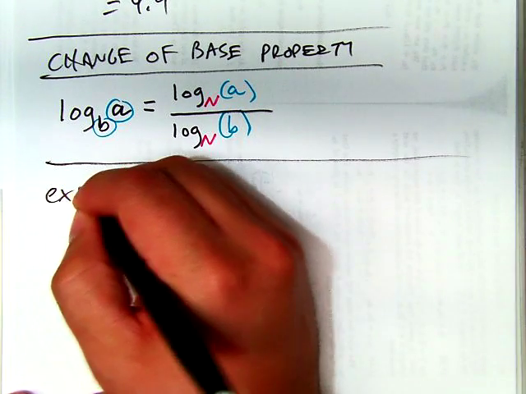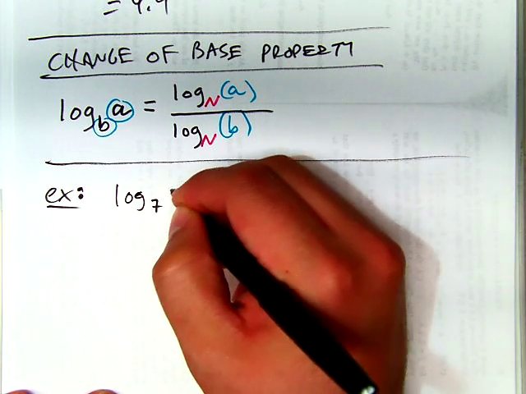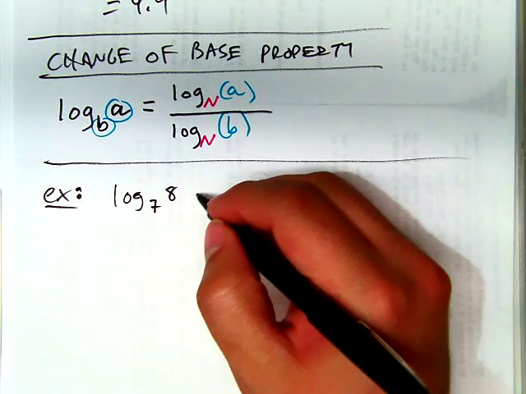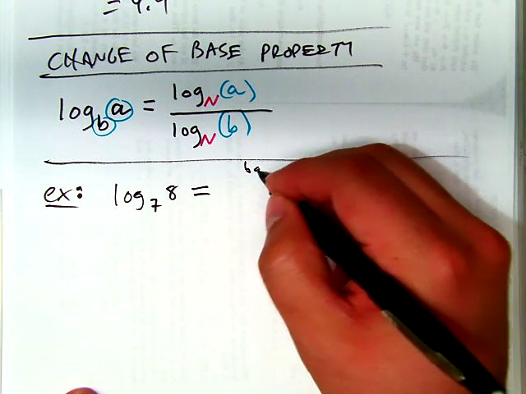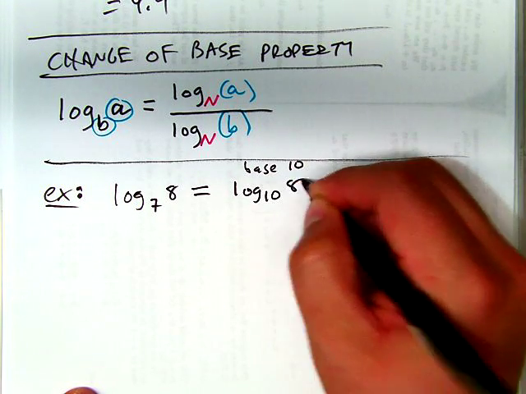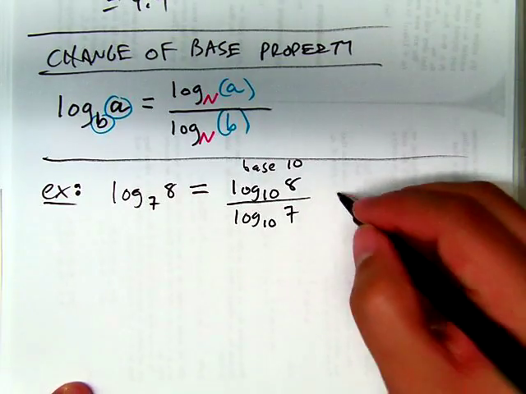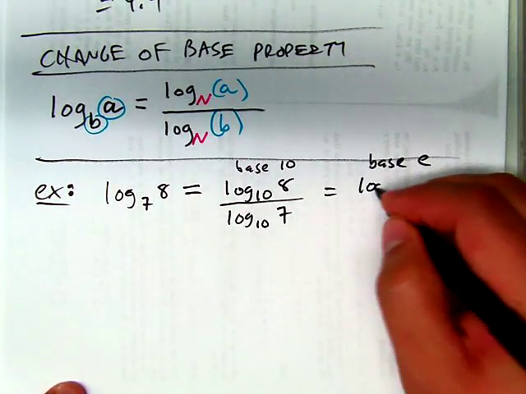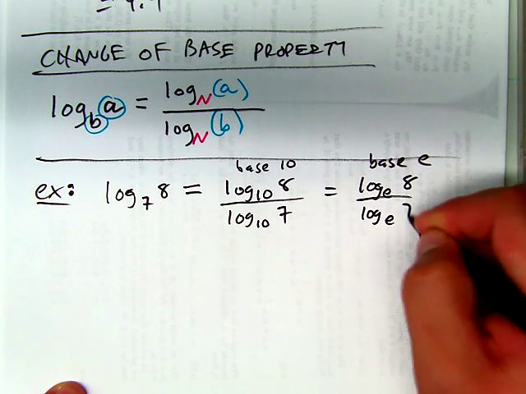So some easy examples. If I have log base 7 of 8, okay, this can be rewritten in lots of ways. In base 10, we can say that this is equal to log base 10 of 8 divided by log base 10 of 7. If I wanted to use base E, this is the same as log base E of 8 over log base E of 7.